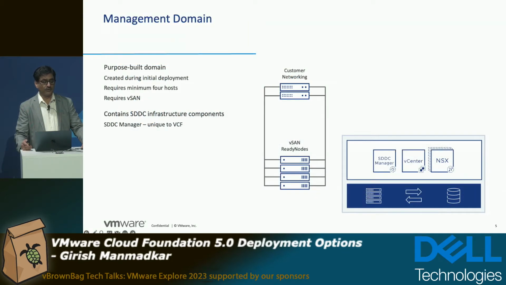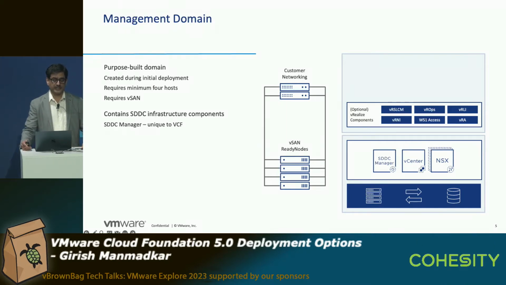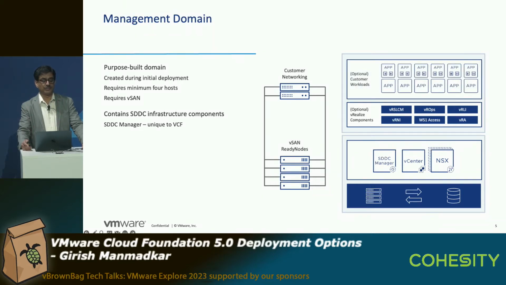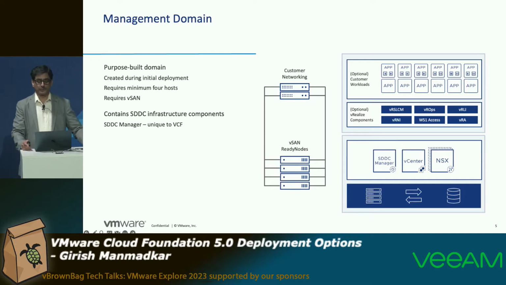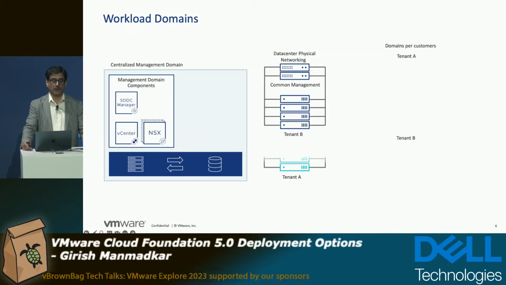So in short, you start with the management domain, which typically starts with 4 nodes, and it brings up your management cluster, which comprises SDDC Manager, vCenter Server, and NSX Managers. And it gives an ability to deploy your customer workloads or business workloads either into the management domain by using resource pools, or also to deploy workload domains.